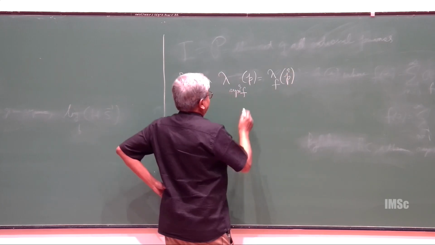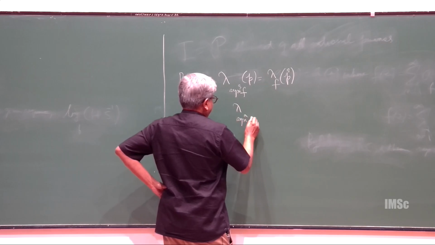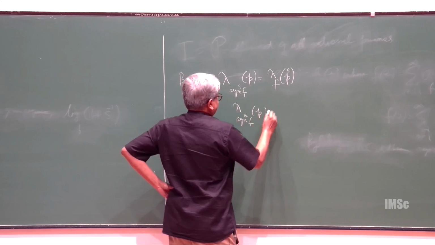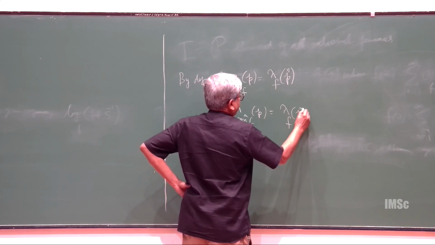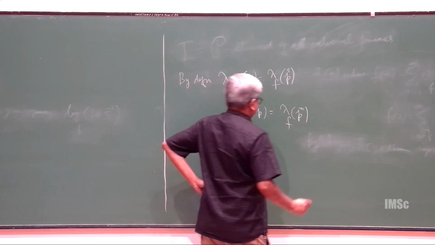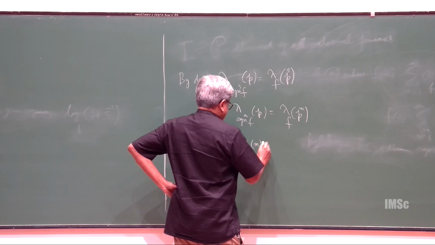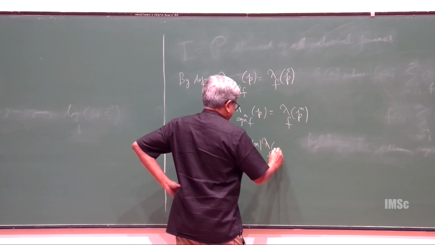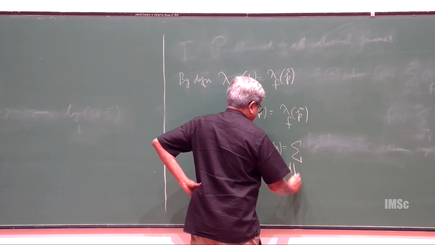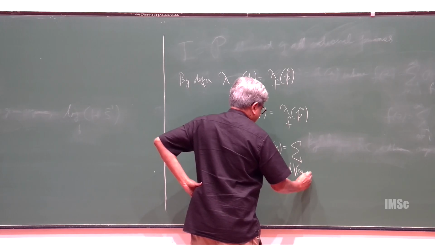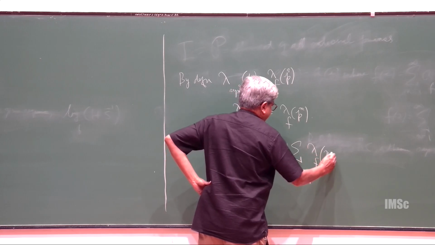Okay, and this is generally true: lambda_{Sym^m f}(p) is lambda_f(p^m). And we also have the Hecke relations: lambda_f(m) times lambda_f(n) is the sum over d dividing the GCD of m and n of lambda_f(mn/d^2).